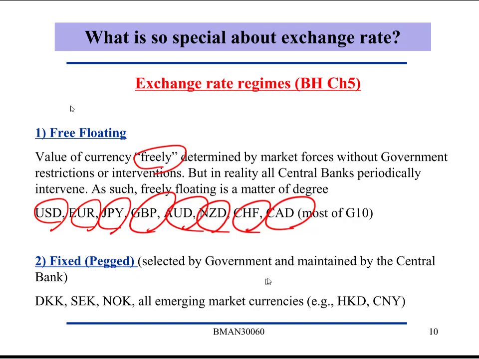In this system, either the government or central bank announces they're going to maintain a certain exchange rate against a major currency, US dollar or euro. For example, Danish krone, Swedish krone, Norwegian krone, their exchange rates are pegged to euro, and Hong Kong dollar is pegged to dollar, and Chinese yuan used to peg their exchange rate against dollar. Now it's not. In the next slide, we're going to talk more about this peg system.